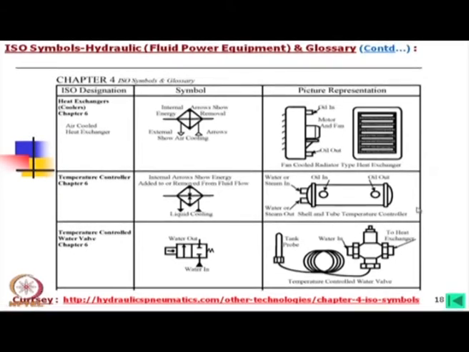Similarly, if we come to this component, what we find is that this is a tank sort of thing, with water or steam inside. Oil is going in and oil is going out, in the system we are using.